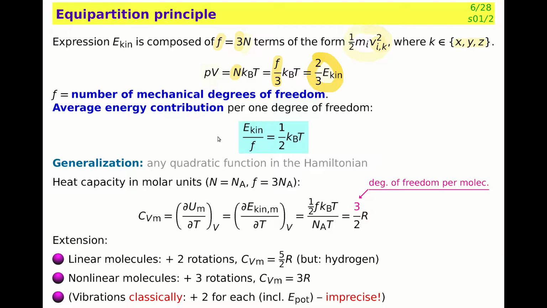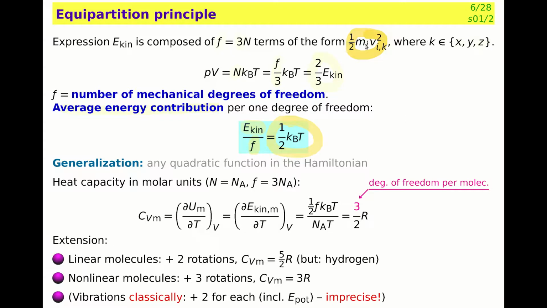From this I will get the average energy per 1 degree of freedom. This is the kinetic energy divided by the number of degrees of freedom, and it is 1/2 Boltzmann constant times the absolute temperature. Note that the individual terms are different.